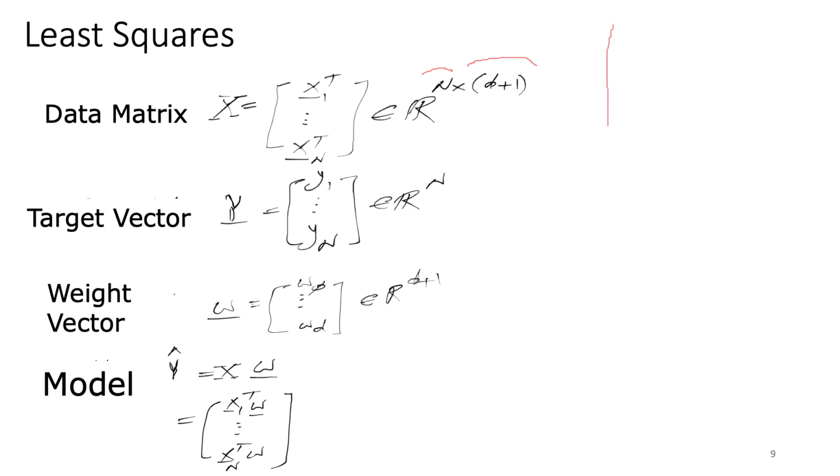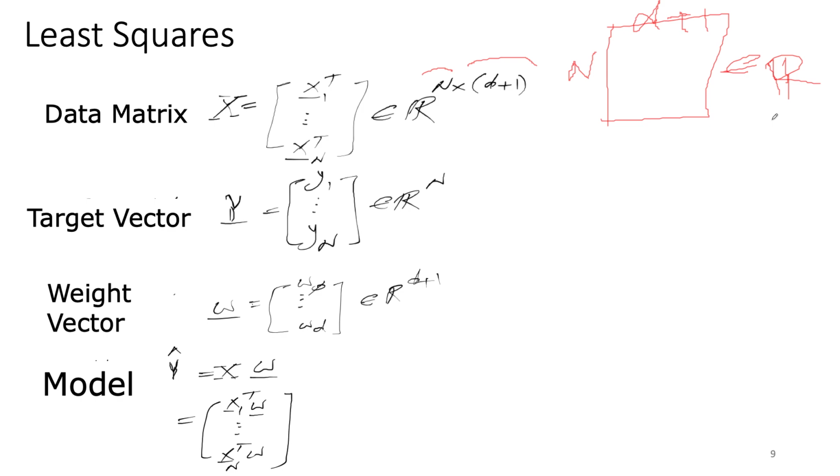Because if you have n, we have d plus 1, right? And all of them are real-world variables, right? So that's your data matrix.